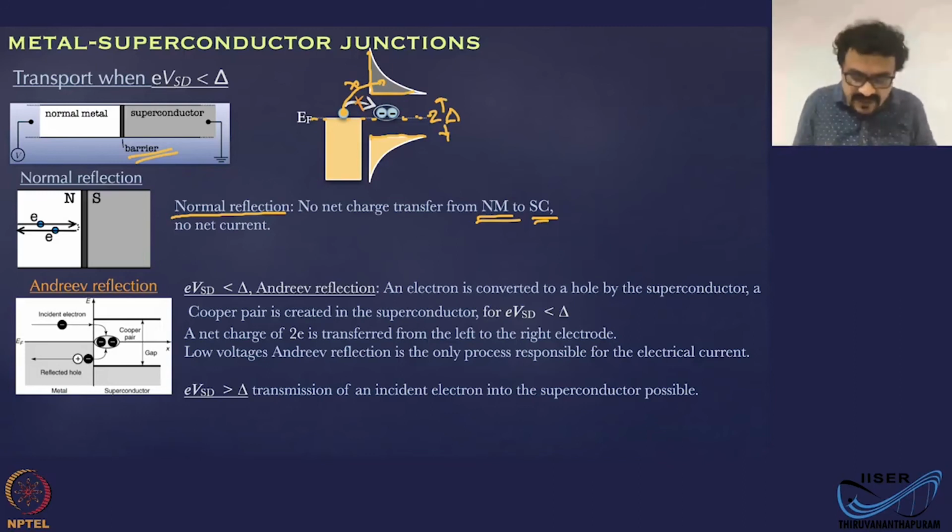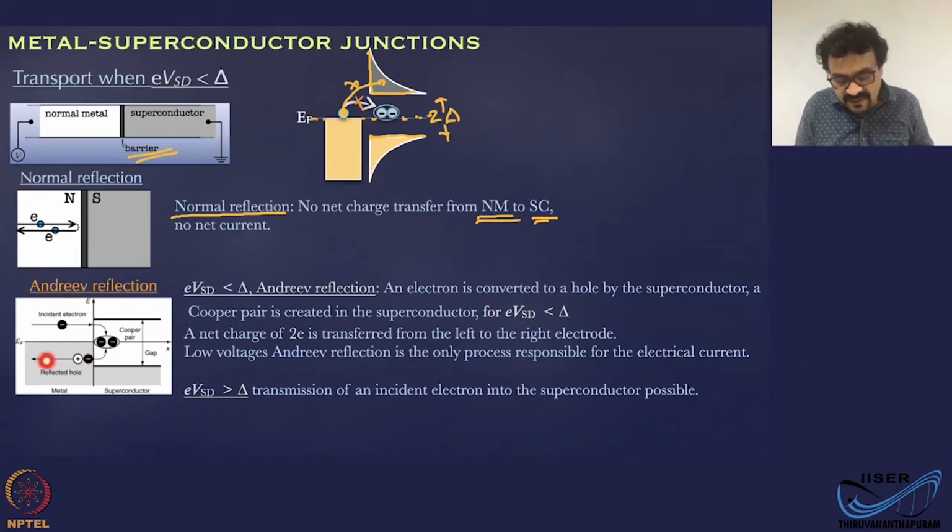But then we need to have the charge conserved and the energy conserved, right? So this electron will come at an energy exactly the same amount below the Fermi energy. You have an electron here, so you have an electron coming at exactly the same energy from here. Then what happens is a hole will be developed.